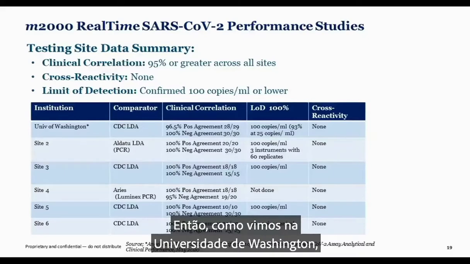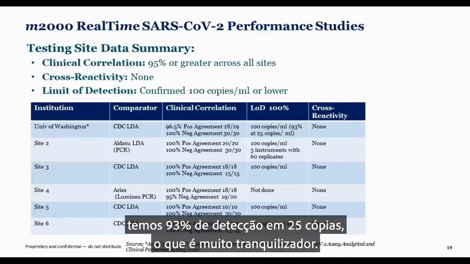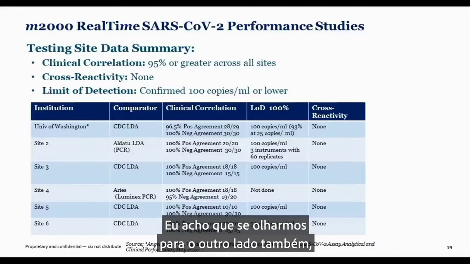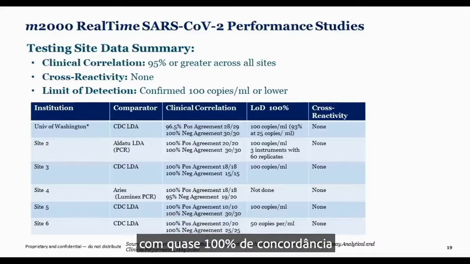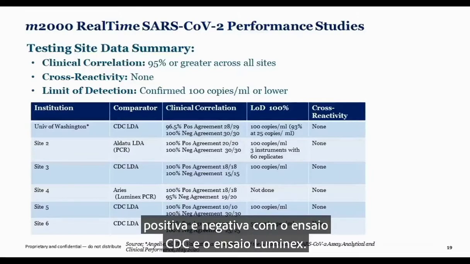So we've seen some, like in the University of Washington, where we've got 93% pickup at 25 copies. So that's very reassuring. I think if we look at the other sites here, we're seeing a limit of detection of 100 copies being reported with almost 100% positive and negative agreement to the CDC assay and the Luminex assay.